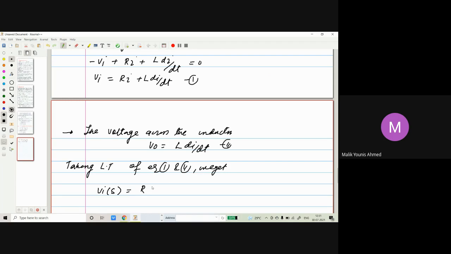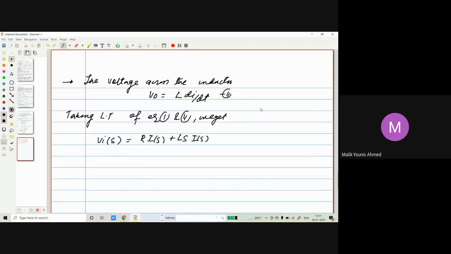I will change to I of S. And then di by dt is S, so Ls. What is the Laplace transform of an inductor? Ls into I of S. We have done it in network theory, so we don't need to repeat all those things. We have to implement them. Now V naught of S is again Ls of I of S. And that is equation number 4.